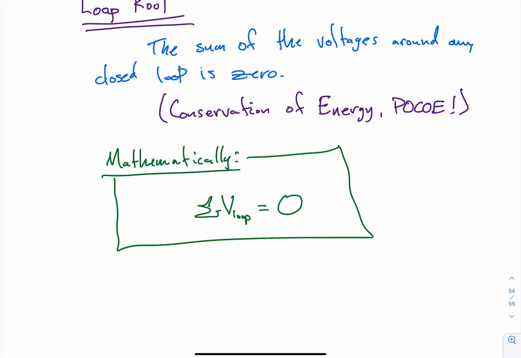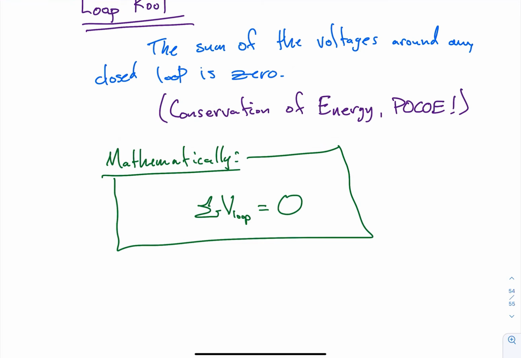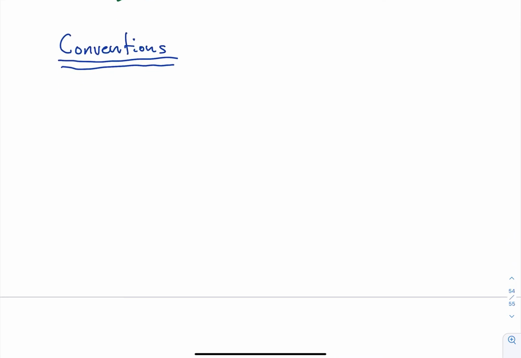And finally, to finish out this video, we're going to give you all of the conventions, all of the things that we want to hold true when we apply Kirchhoff's rules. So we're going to label this next component of our notes as conventions. This is going to seem a little bit strange, but once we do our examples, it should all come together. So I'm going to give you some rules that we hold to when we're applying Kirchhoff's rules to a circuit.